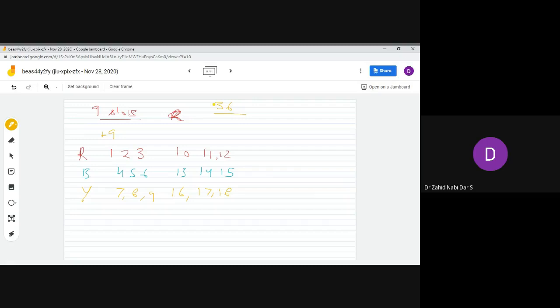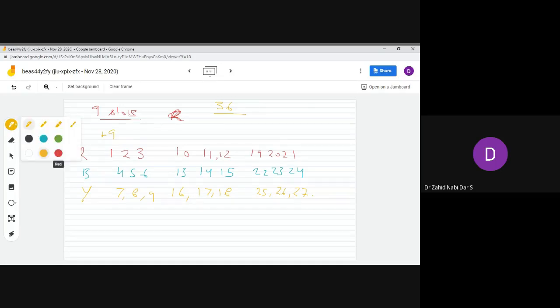So I have to take until the 36 slots are completed. Again I have to add 19, 20, 21. Here again it would be 22, 23, 24. Here it would be, how much is it? 25, 26, 27.